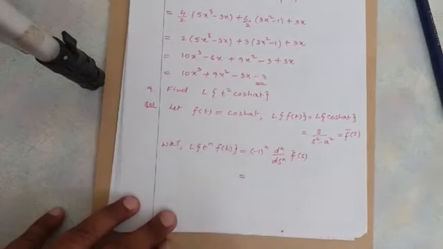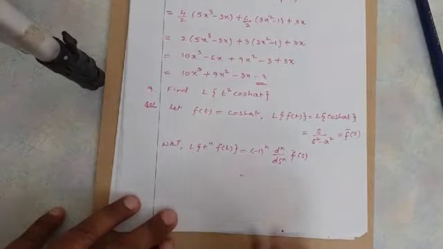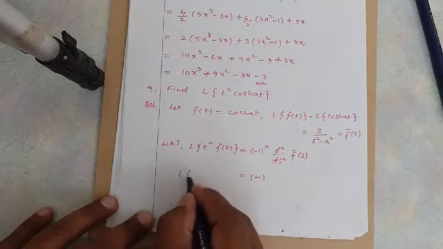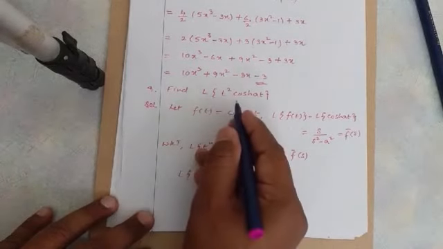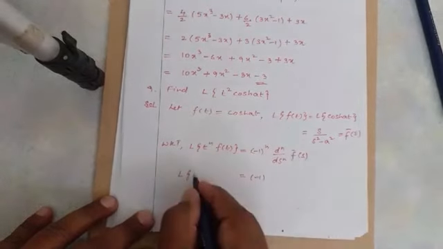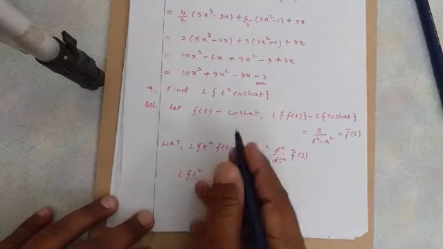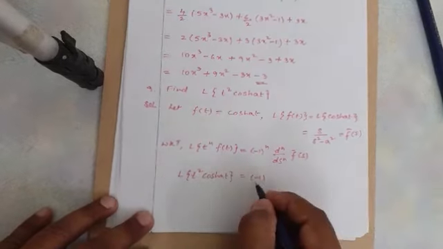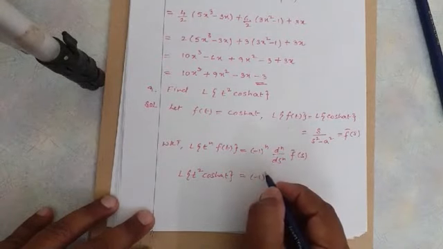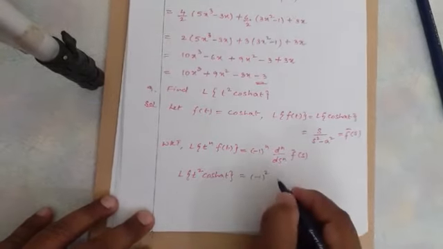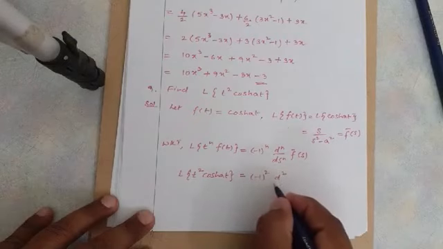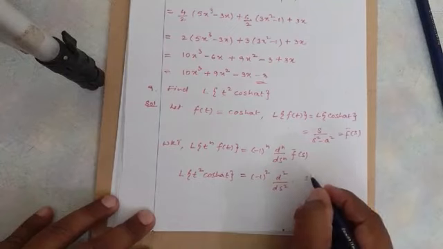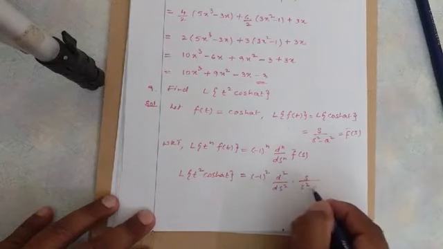So after that, what is n here? Because the given problem is L of t^2 cosh(at), t^2 times f(t), which is cosh(at). So we write here (-1)^n, n is nothing but 2, then d^n, that is d^2/ds^2 f bar(s). f bar(s) is s/(s^2 - a^2).